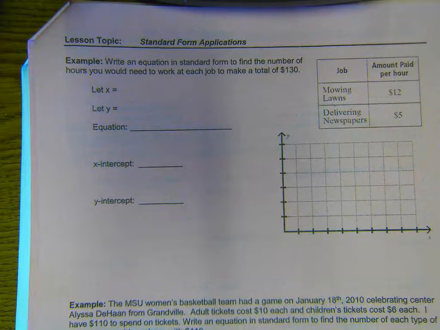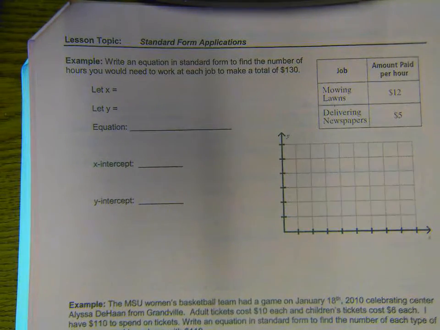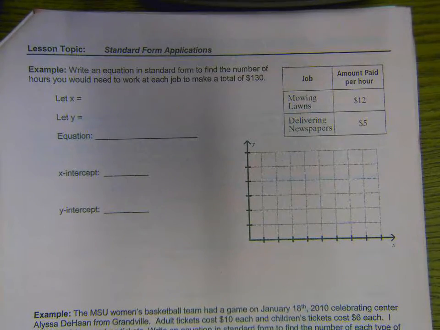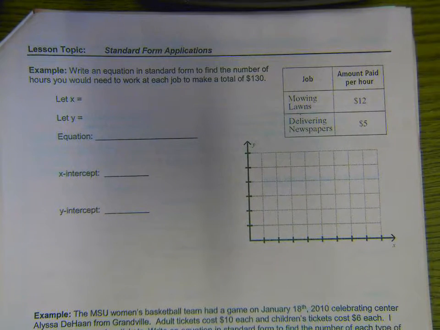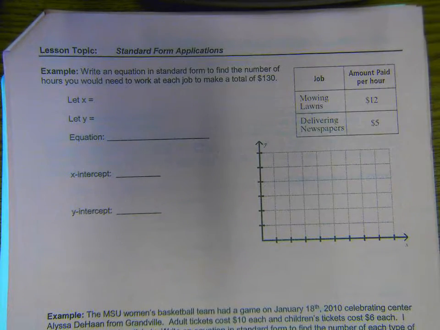So we have some options here. What do you want X to stand for? There's different jobs. J. The job. Well, I want X to stand for something more specific, so Riley.